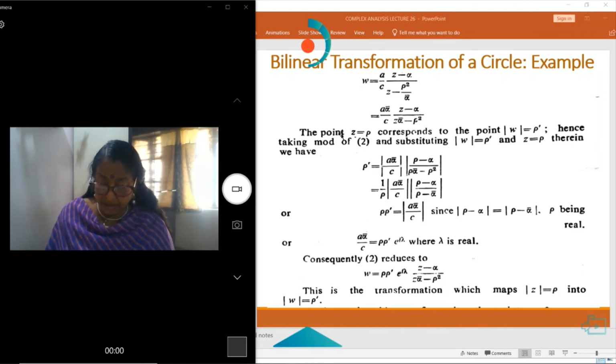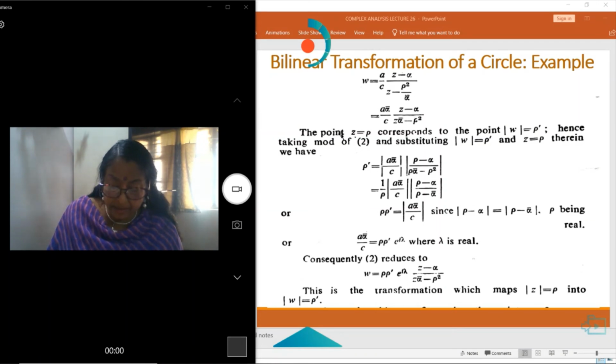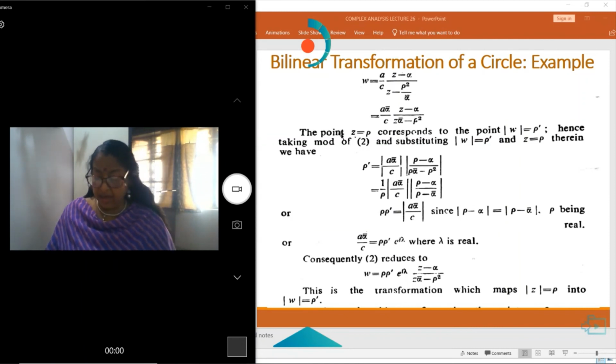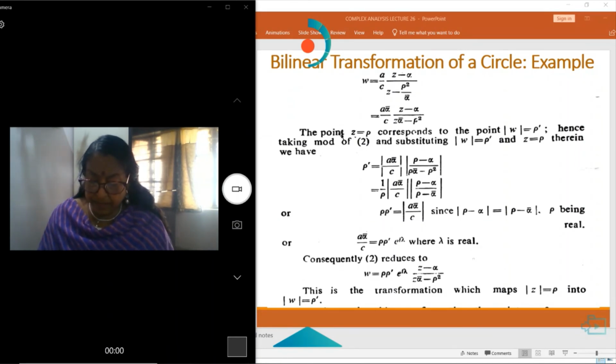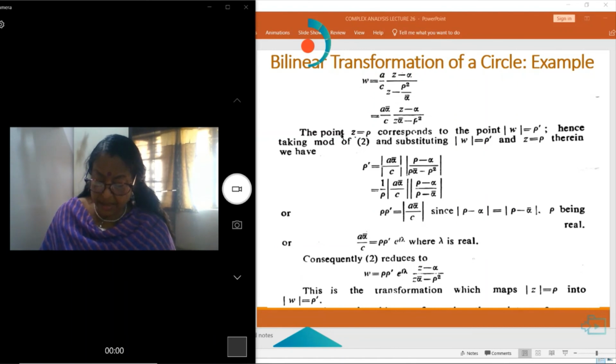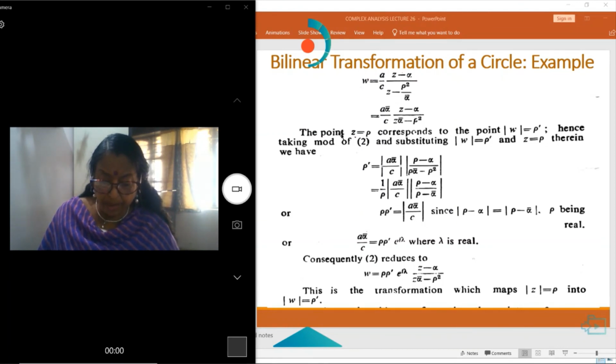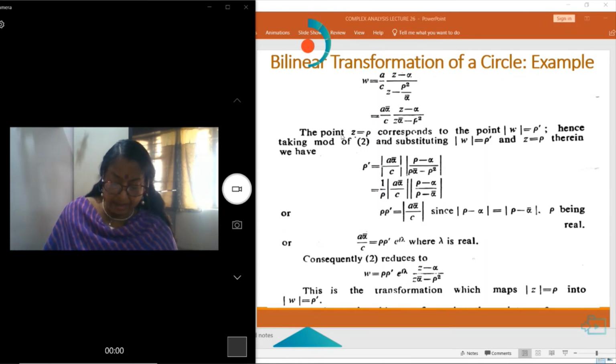Using the formula, we can say that rho dash is equal to |a alpha by c| times |rho minus alpha| divided by |rho minus alpha|, where a by c is c to the power i lambda, with lambda real.